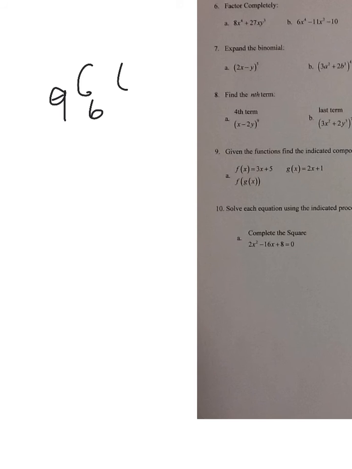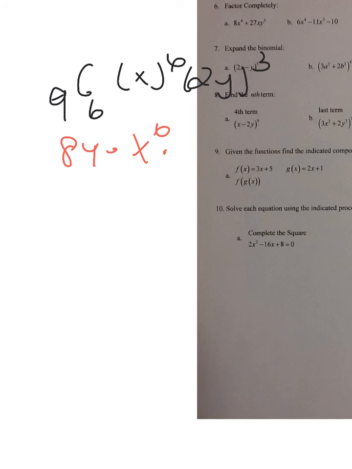The first term is x, so it's x to the 6th, and then 2y to the 3rd power. So 9C6 is 84 times x to the 6th times 8y to the 3rd, and then 84 times 8 is 672x to the 6th y to the 3rd.